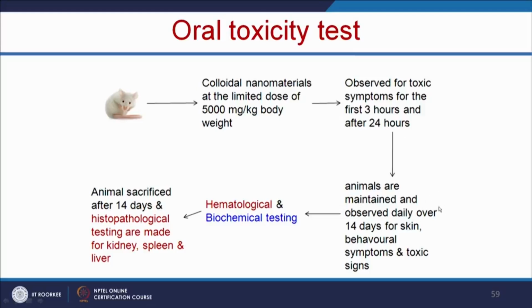So these animals could be maintained and observed daily over 14 days for skin and behavioral symptoms and toxic signs, and then we can do the hematological and biochemical testing. So these animals will be sacrificed after 14 days, and histopathological testing could be made for understanding how much nanoparticle is deposited in the kidney, spleen and liver.